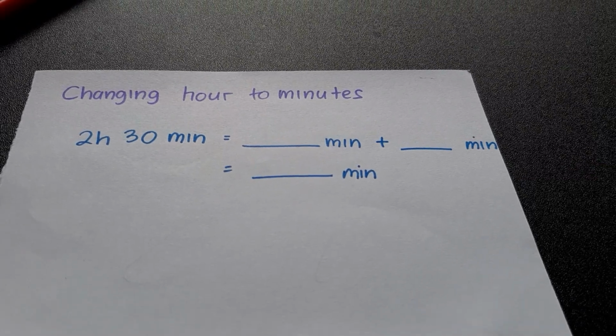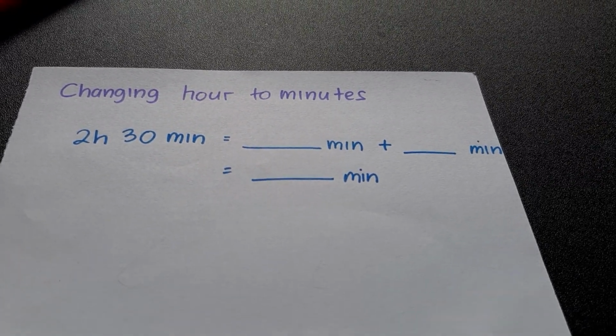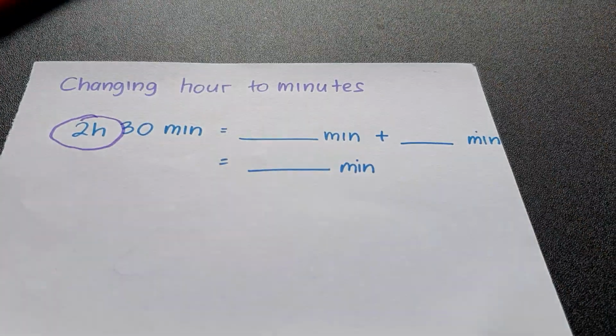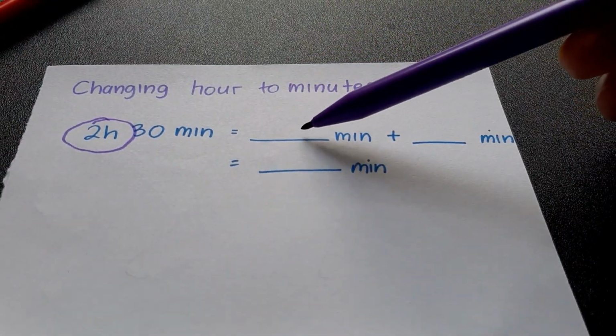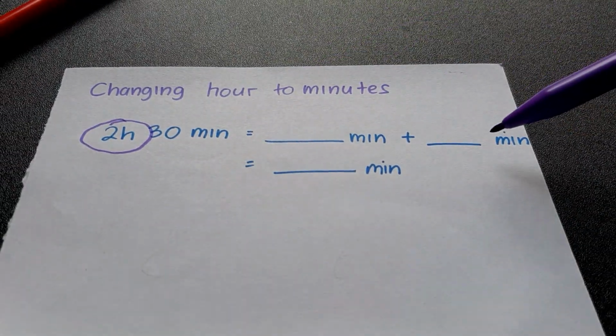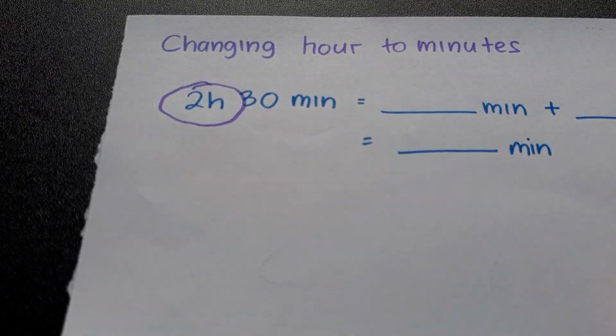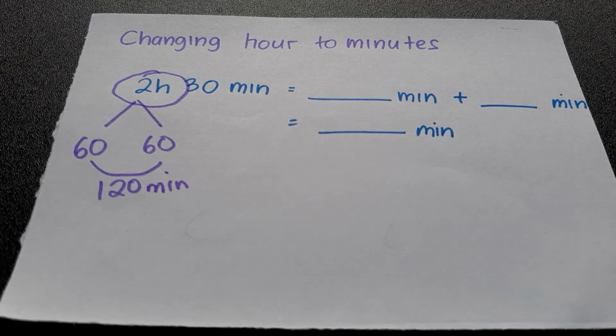Okay, so how about 2 hours and 30 minutes? Easy. So you have to find out 2 hours here is how many minutes you write down over here, and the 30 minutes you write down over here. Okay, so 2 hours is made of how many 60 minutes? Take a look.